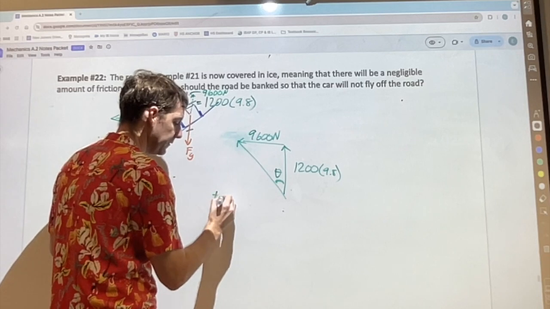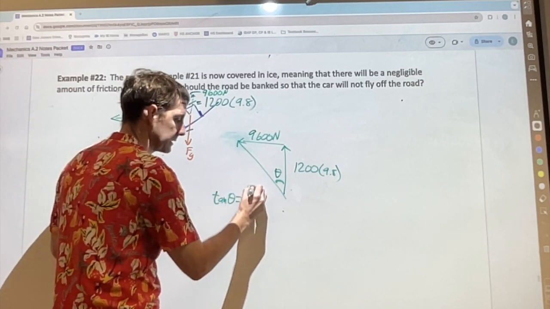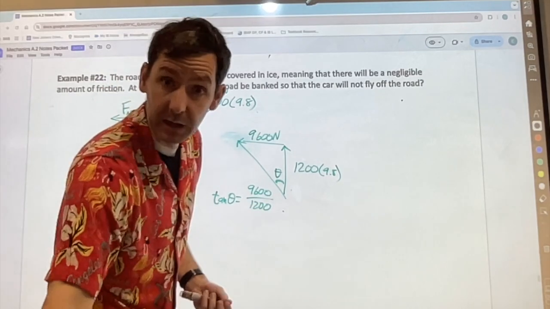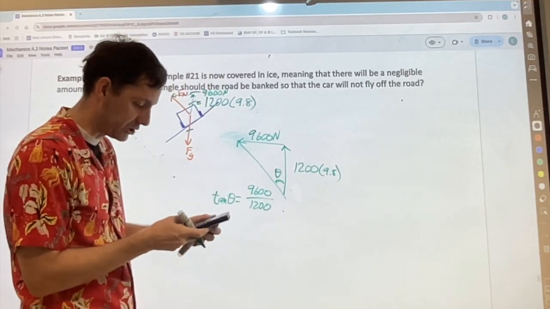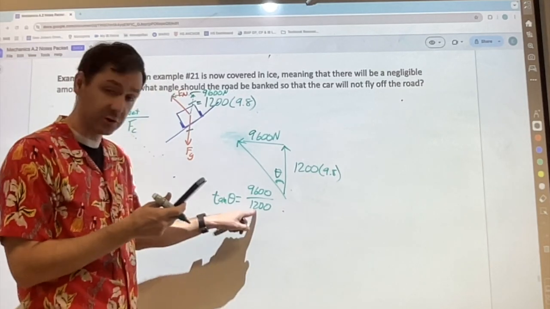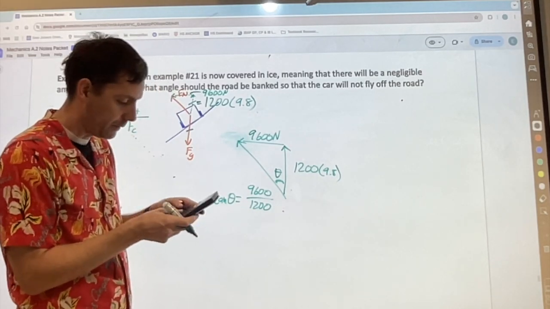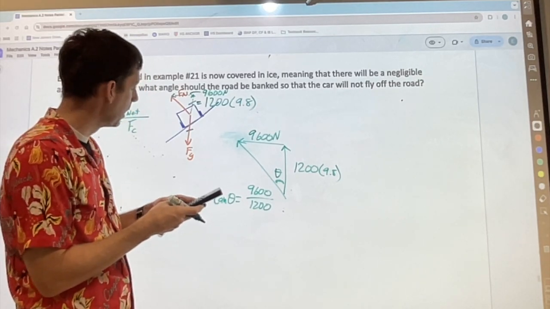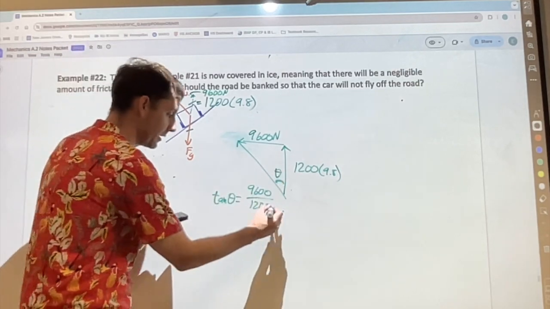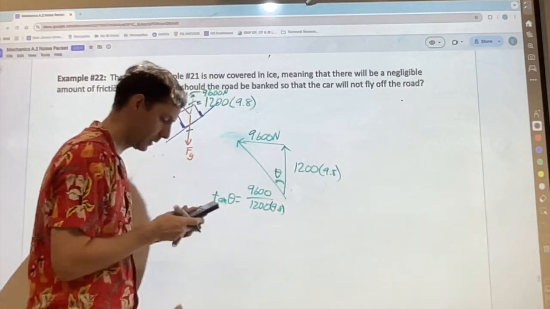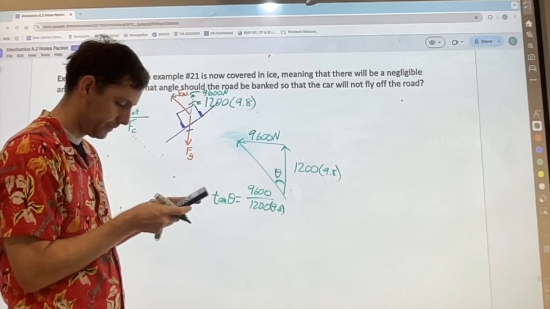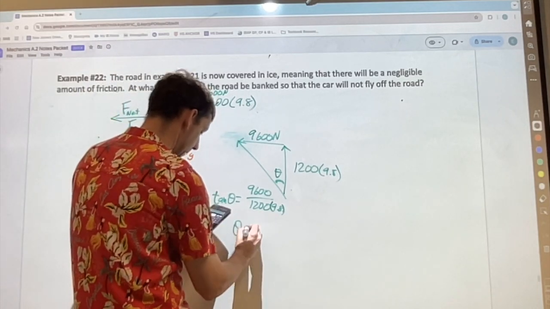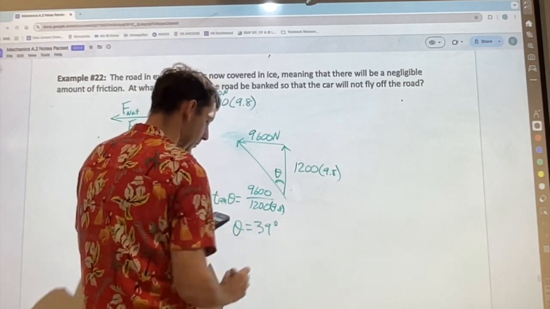Tangent of theta equals 9,600 over 1,200 times 9.8. And we can go ahead and solve that. That's just the inverse tangent of 9,600 divided by 1,200 times 9.8. And I get that theta equals 39 degrees.